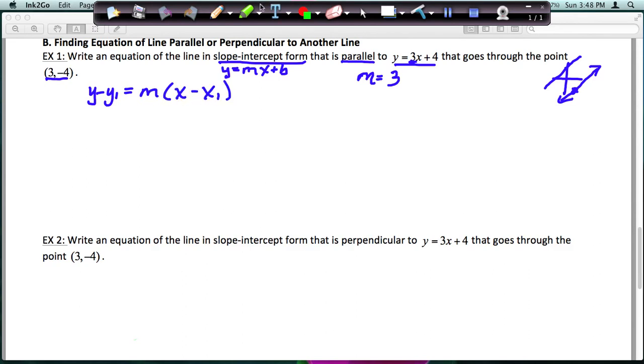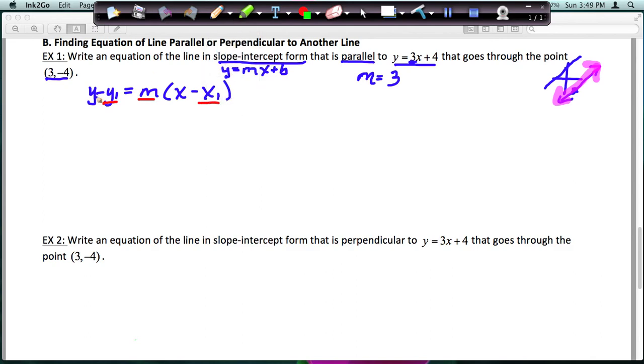And I'll just highlight it. This is the equation of the line I'm trying to find, right? The one that goes through the point 3, negative 4 and is parallel to this line. Okay, so when you're using this formula, remember you underline the y1, the m, and the x1. Those are the three values that you're plugging in.